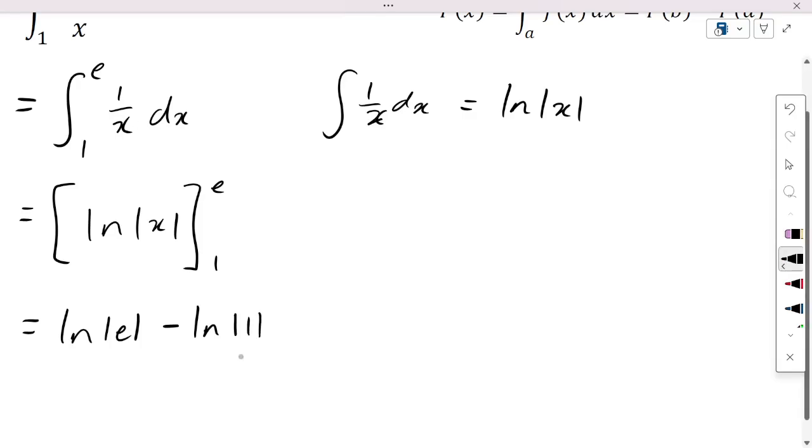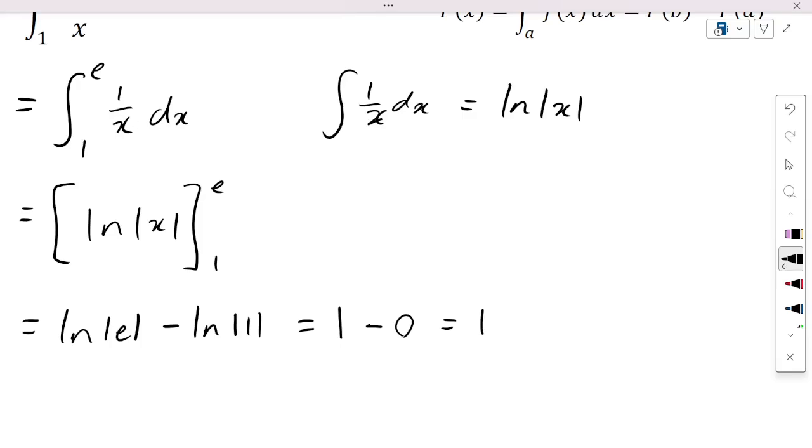And then this is just going to give us an answer of ln of e is just equal to 1 due to our logarithmic laws, minus ln of 1 is just equal to 0 according to our graph. Okay, and then 1 minus 0 is just equal to 1, and that is the answer.